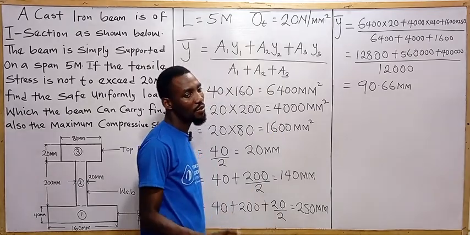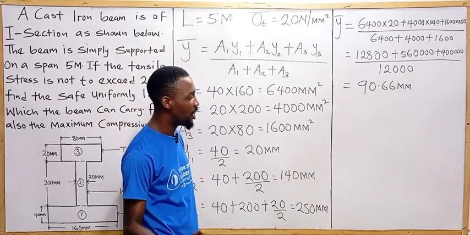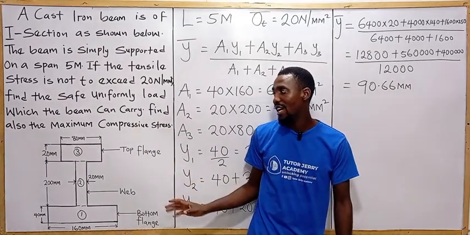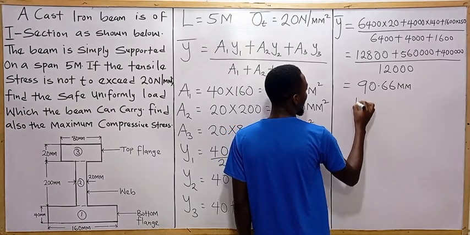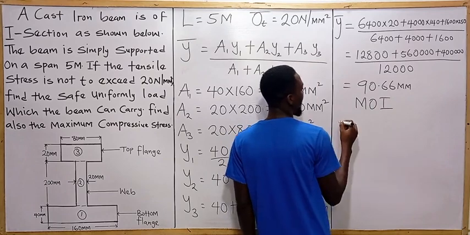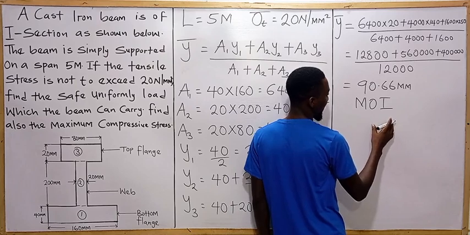All right. So the next thing we want to work on is the moment of inertia of the I section about the neutral axis. So, moment of inertia of the section about the neutral axis.